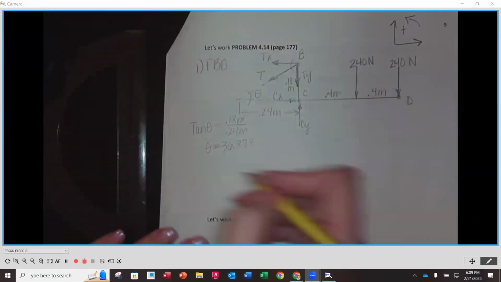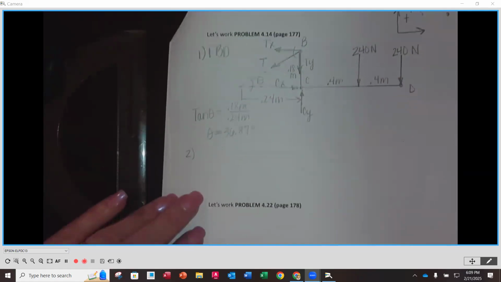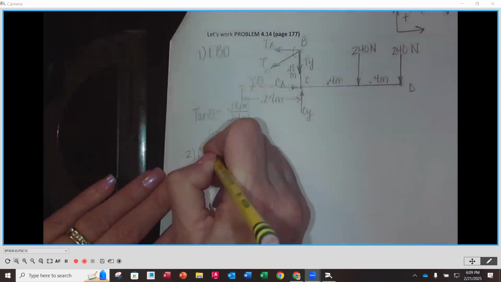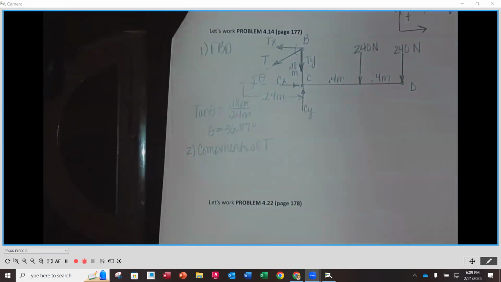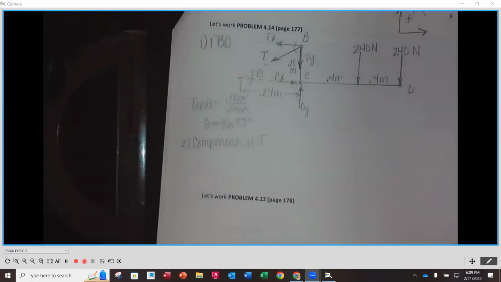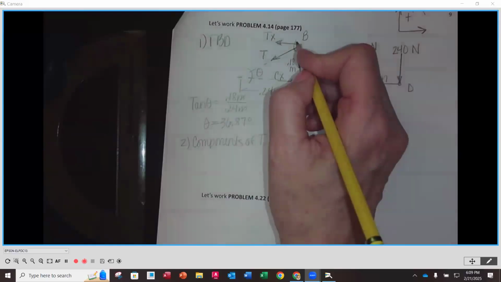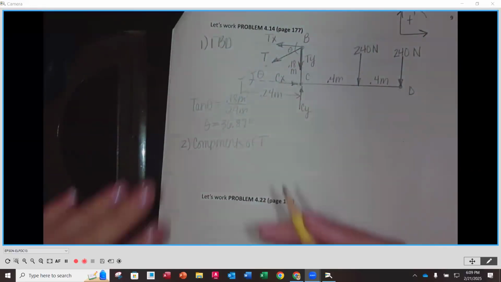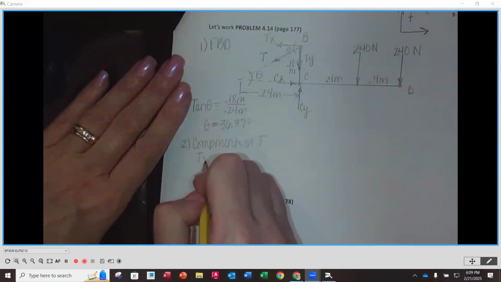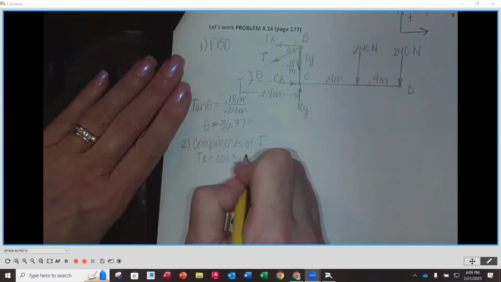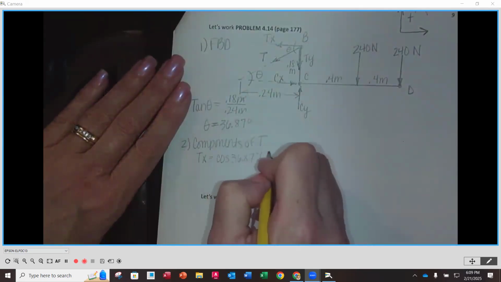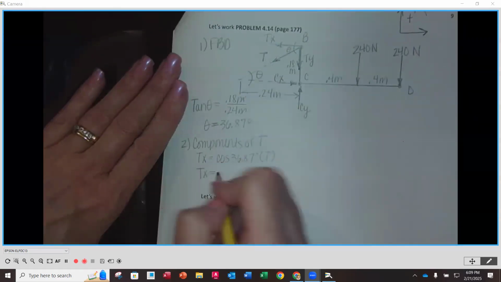So my step 2, I guess I'll put it here. It's going to be the components for that tension in that cable. Okay. So go ahead and do your components there. This is angle theta right there. Definitely not going to have enough space here to write all that work.